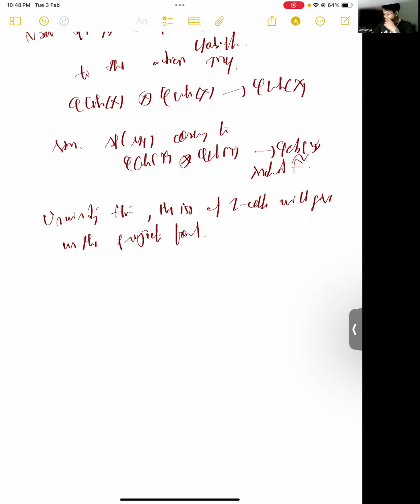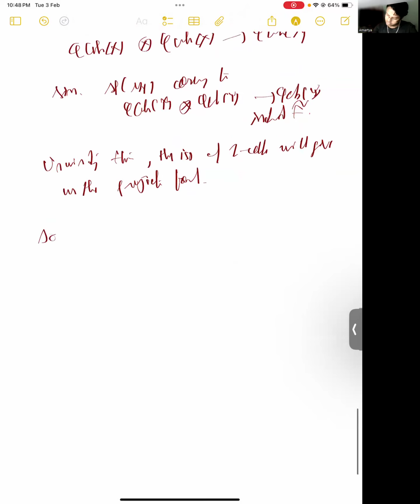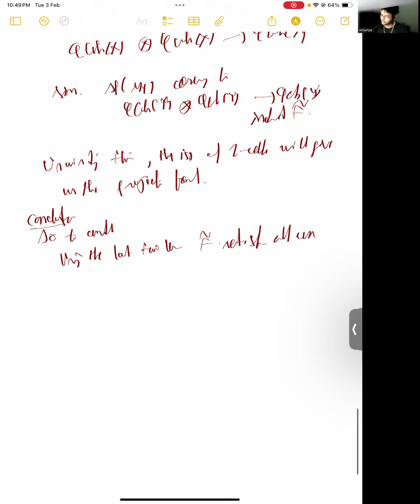Honestly, I don't have time to explain the whole part. So this basically concludes the first proof. To conclude, using the last two lemmas, this F tilde satisfies all conditions of Lurie's theorem.